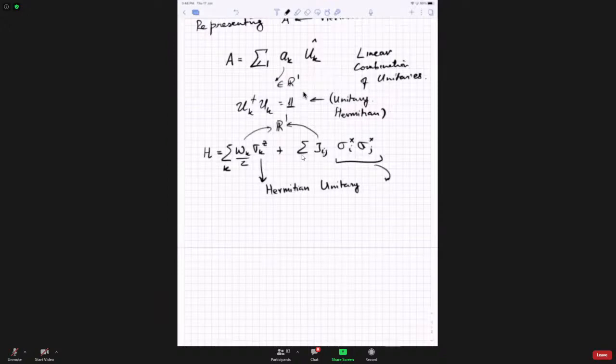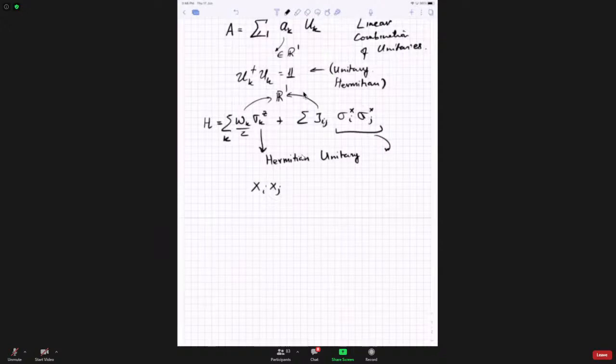What that means is that many spin Hamiltonians automatically come as a linear combination of unitaries. For fundamental spin physics, xi, xj may be all you can imagine.